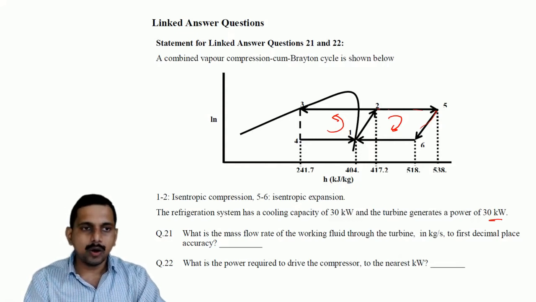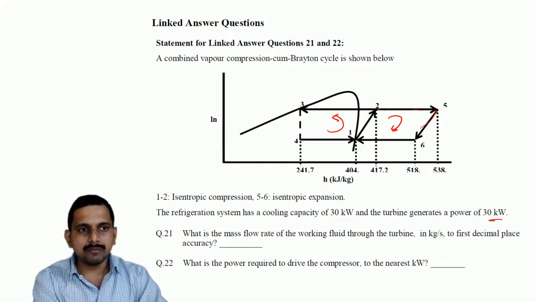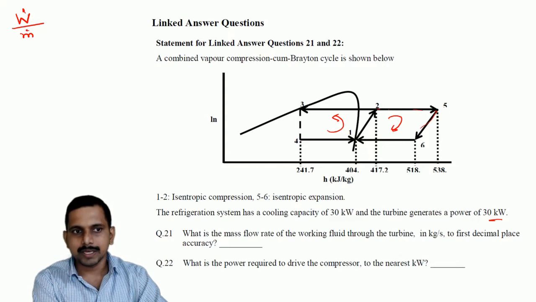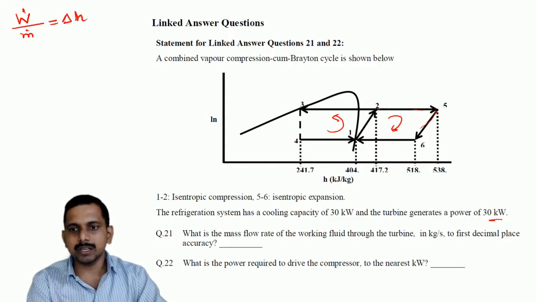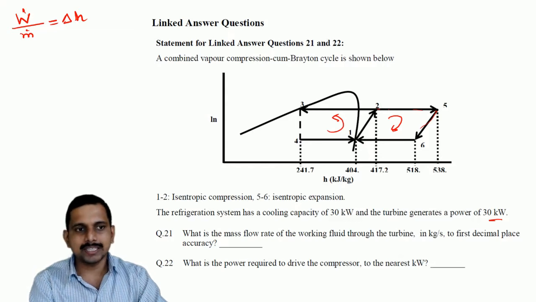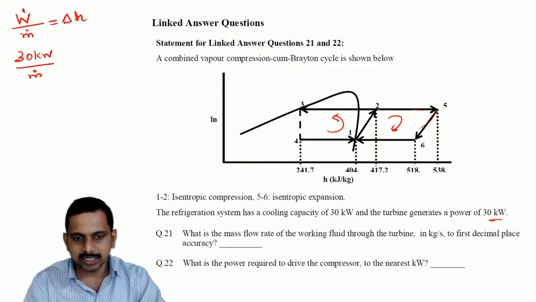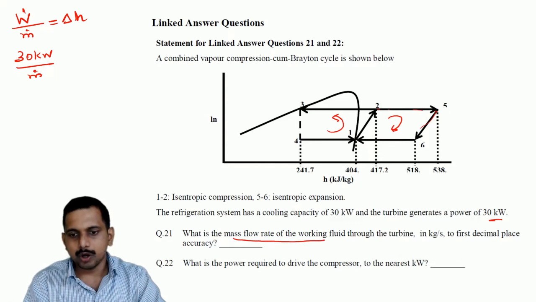Now, always when you say W dot, the work produced, divided by M dot is given by delta H. Here the work produced in the turbine is given as 30 kilowatts, and M dot we do not know. That is what is asked here: what is the mass flow rate of the fluid going to the turbine in kg per second?